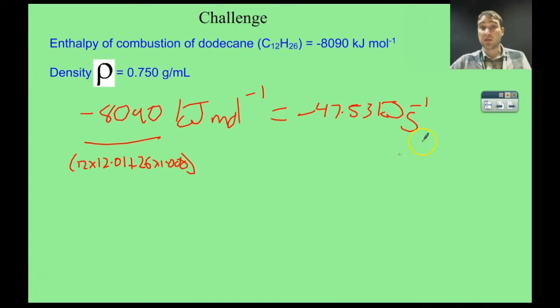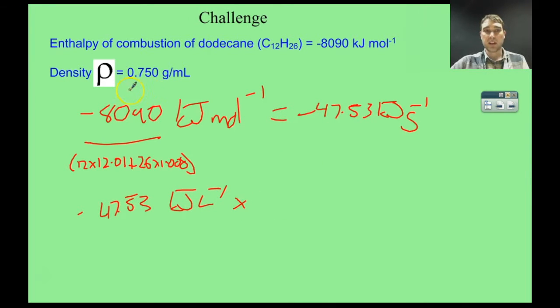So now we're going to take the kilojoules per gram and turn that into kilojoules per litre. So we've got 47.53, and we're going to multiply that by our density in grams per milliliter. So multiply by 0.750 grams per milliliter.